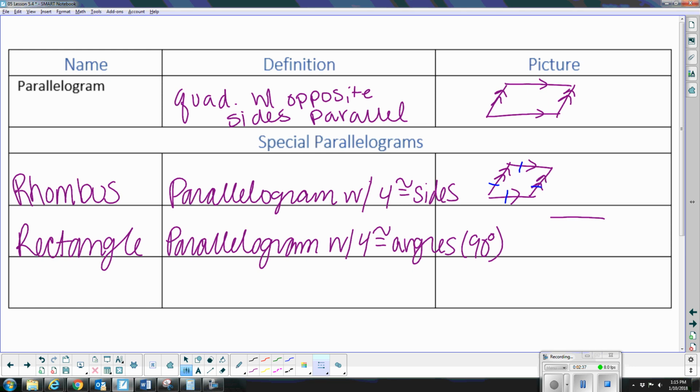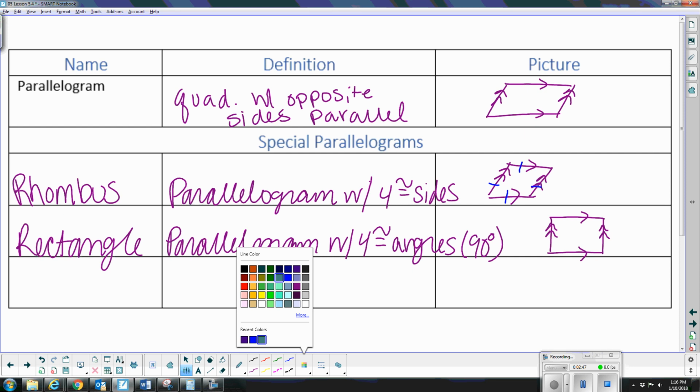So if, again, this is your parallelogram, your special rectangle parallelogram has 4 congruent angles.